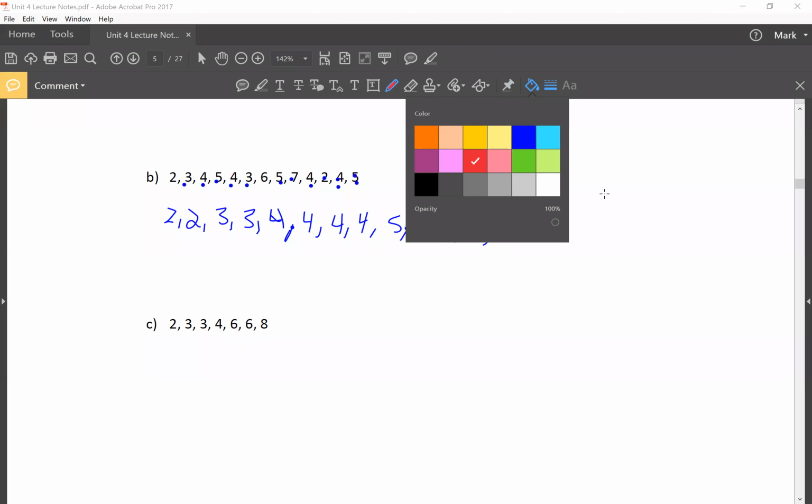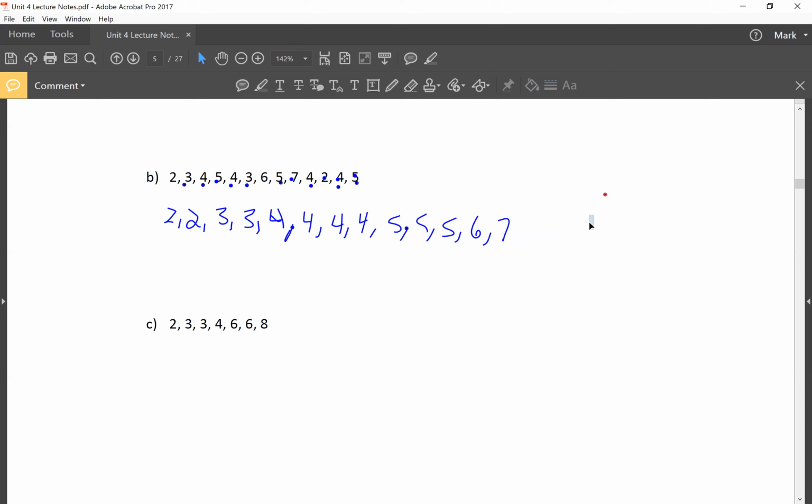Let's go red. So my mode, let's do the mode first, is 4. My median is, so I'll kind of cross off my numbers, work my way into the middle. 4.